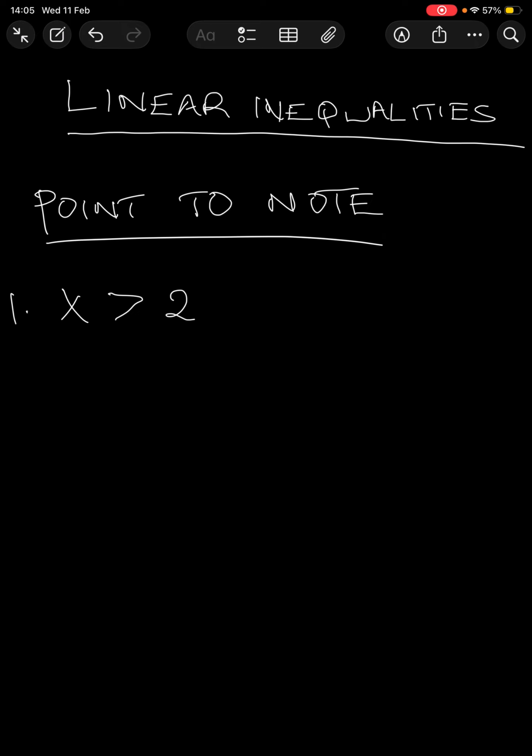So x is greater than 2 means the values of x are greater than 2. Values means the numbers. So all the numbers of x are greater than 2. E.g., the numbers that are greater than 2, we have 3, 4, 5, 6, ... So this means x is greater than 2.